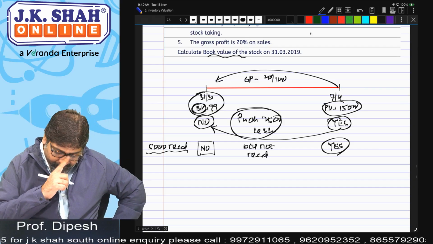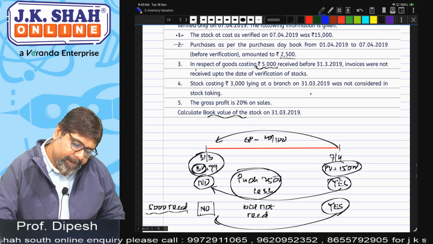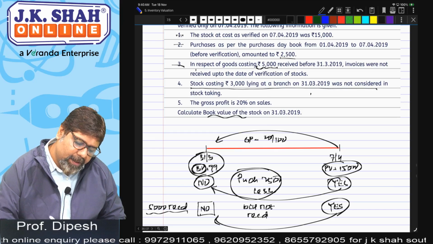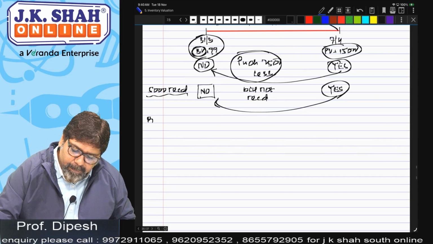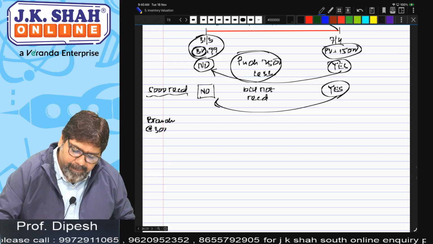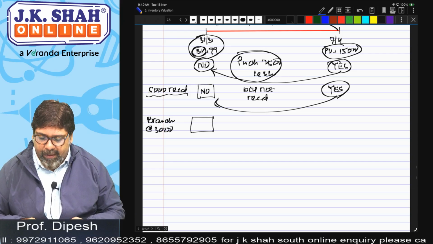Correct. Now, yes to no, whatever. Goods costing rupees 3,000 lying at branch were not considered in stock taking. So branch, 3,000. Tell me, on 31st of March, what will I write? Yes or no? Give me the reason also.